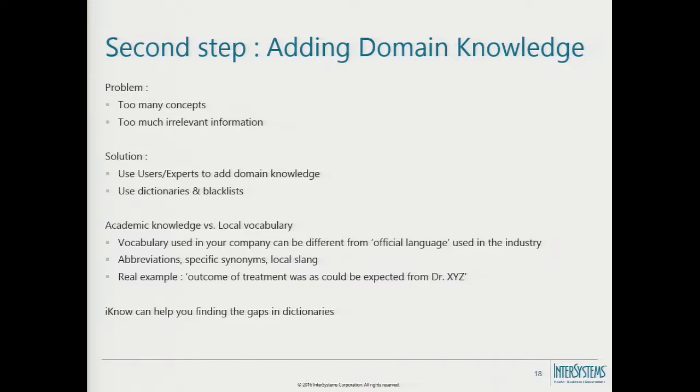So just ranking them by frequency doesn't give you a lot of good information. If you do that on a medical file, you will find patient in the top 10, and doctor in the top 10, and that's really not interesting. So just having a list of concepts ranked by frequency has its limits.